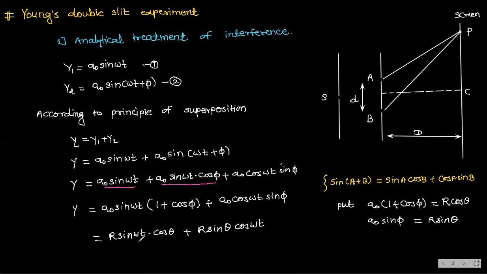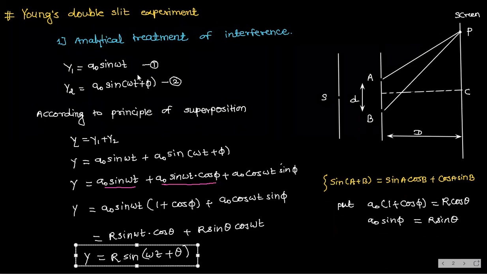Now if I take r common, this is the expansion of the sin A plus B formula only. So this is r sin of omega t plus theta. This is y. Clear? Understood?